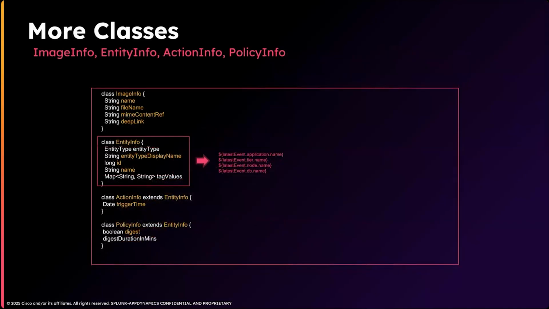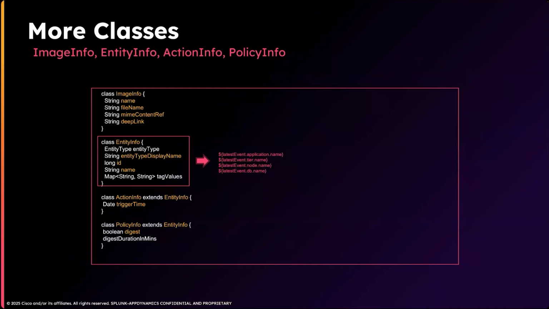Going to the next slide, I've highlighted entity info on this slide, and that was the one we were talking about on the previous slide. To relate the two together, you can see the types of things that are in entity info: string, entity type display name, long, which is an ID, and then a string called name.